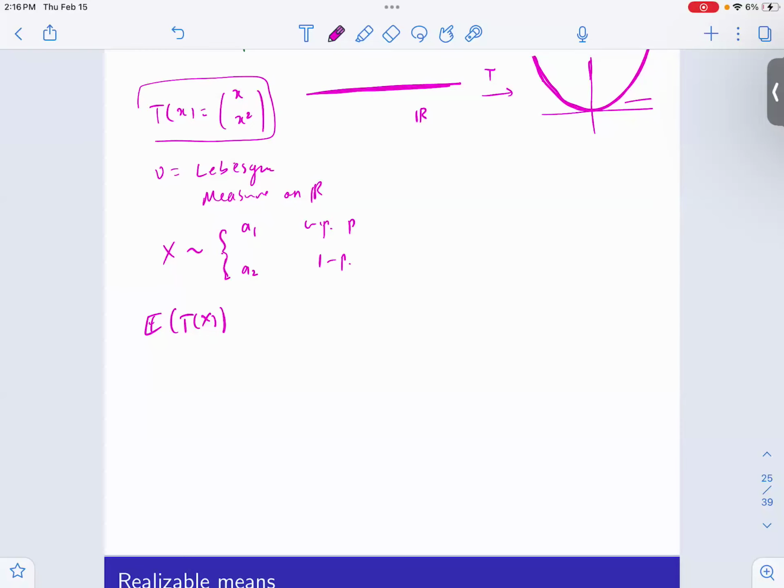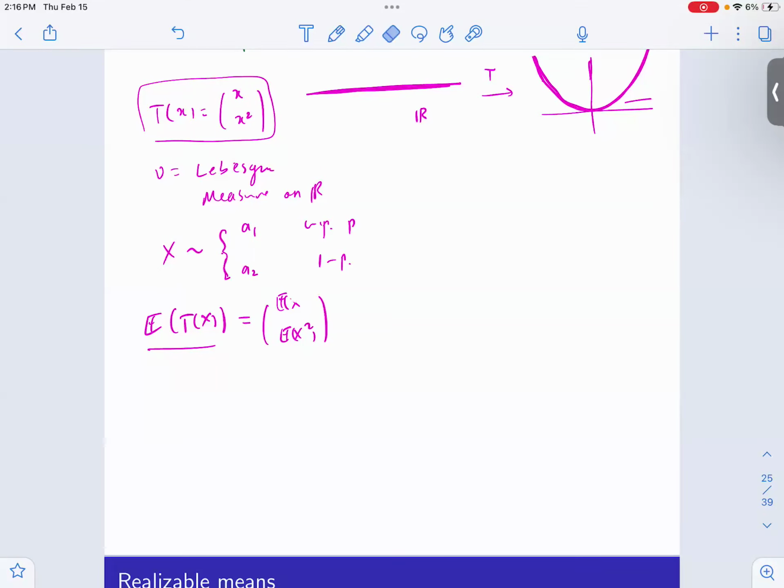T is this. So what will be the expectation? It's easier to actually calculate this directly.